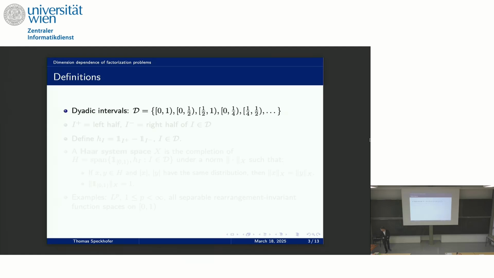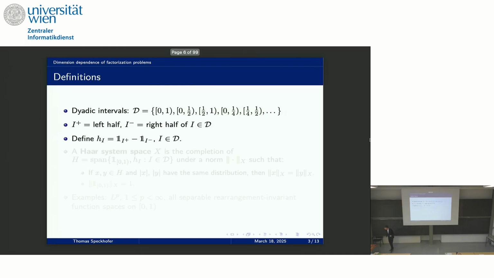Okay, so first of all, some notation. So the dyadic intervals are denoted by this D. So it's 0, 1, 0, 1 half, 1 half 1, 0, 1 fourth, and so on. Then if I is a dyadic interval, then I will denote the left half of I by I plus and its right half by I minus.